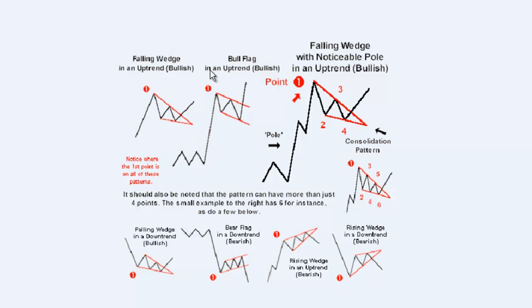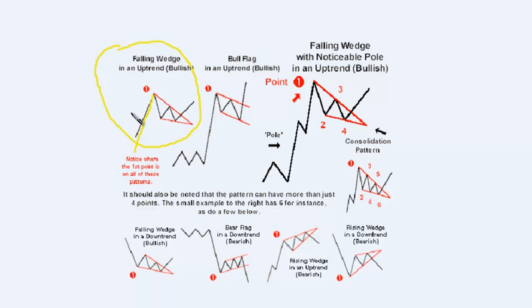But just taking a look at a couple of the examples up on the screen. What I mean by that is we have a falling wedge right here in this area. I'm actually going to try to highlight some of these for you. This one right here is a falling wedge in an environment where we are moving up into the wedge pattern, and then we start to fall back into a wedge pattern.